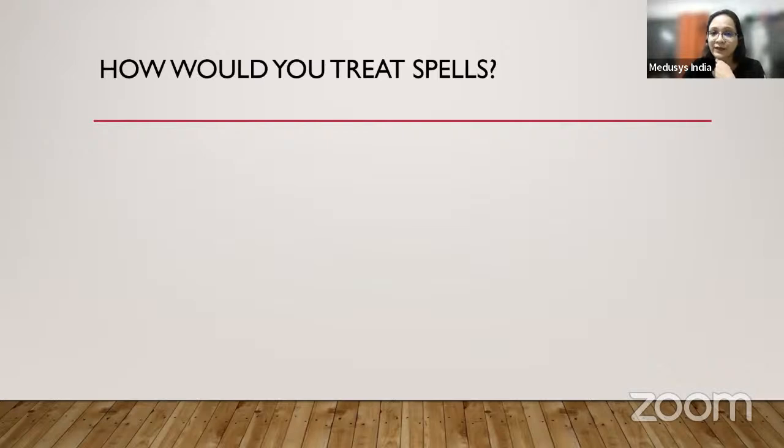So how would you treat these hypercyanotic spells, Dr. Gitu? Yes, ma'am. So the basic pathology here is infundibular spasm. So to relieve that spasm, we can use beta blockers, either propranolol or esmolol. And to decrease hyperpnea, we can use morphine. And if the triggering factor is acidosis, we can give bolus fluids.